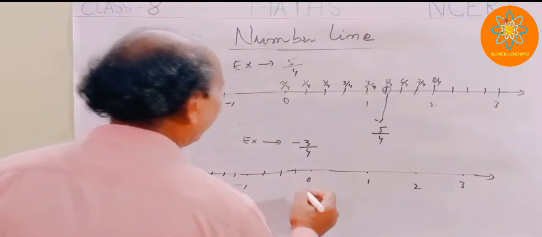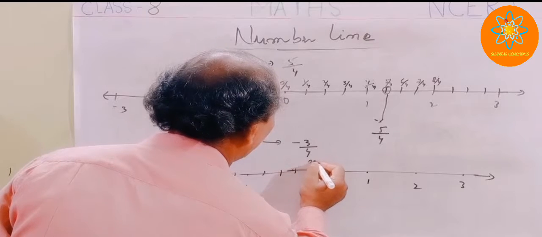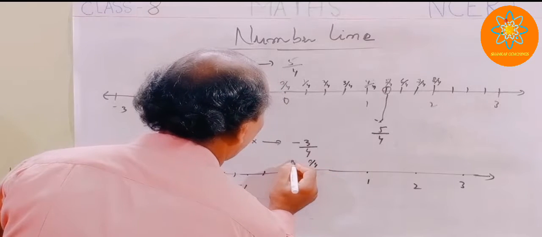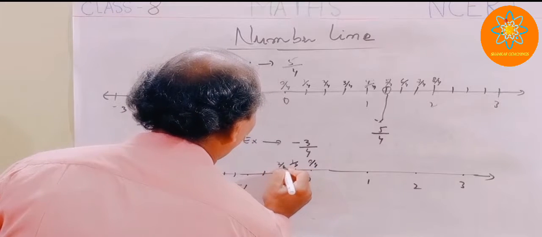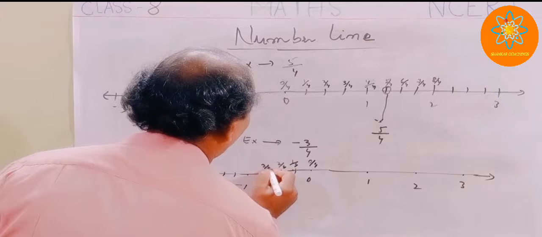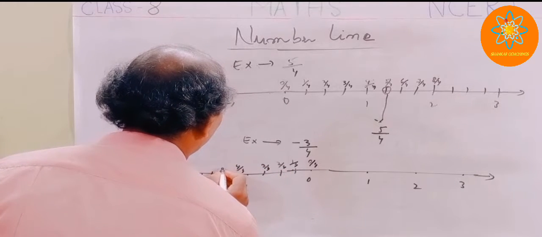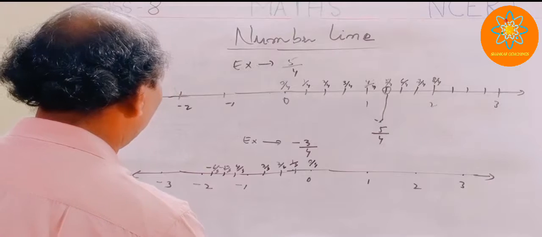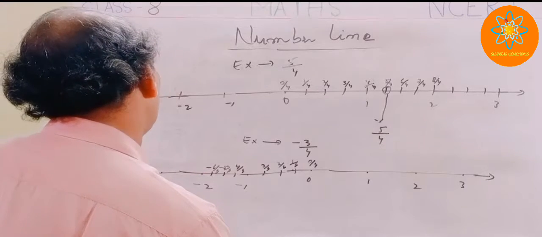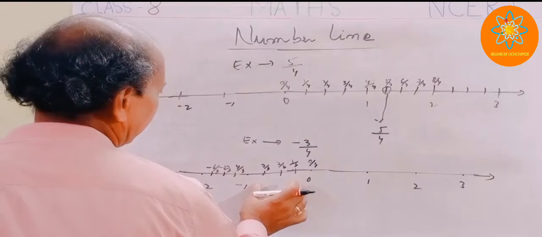So how do I represent it? This is 0 by 4. This is 1 by 4, this is 2 by 4, 3 by 4. This is 4 by 4. This is again minus 5 by 4, minus 6 by 4, and so on.